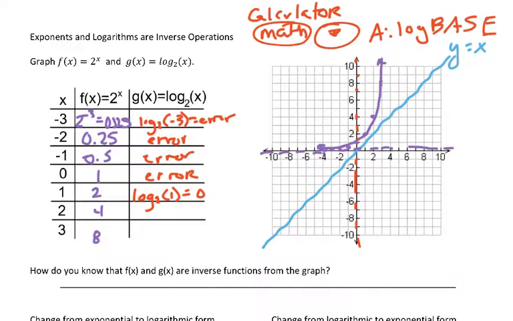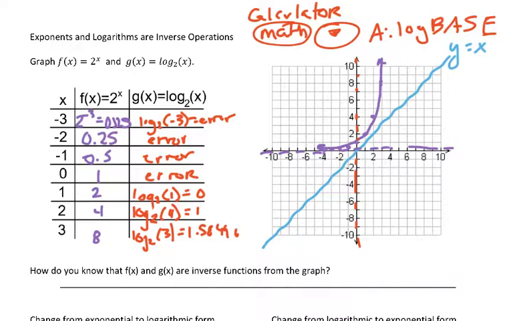Then if we do the next one, we're doing log base 2 of 4. Log base 2 of 4 gets you 1, and log base 2 of 3 gets you 1.58496.